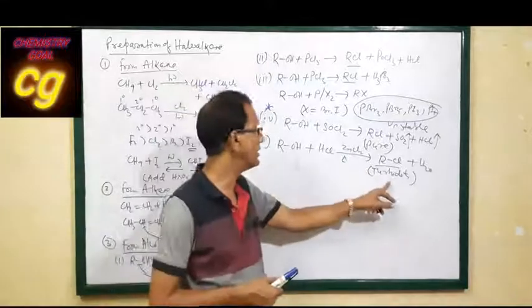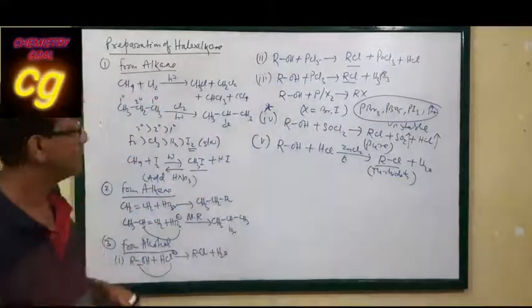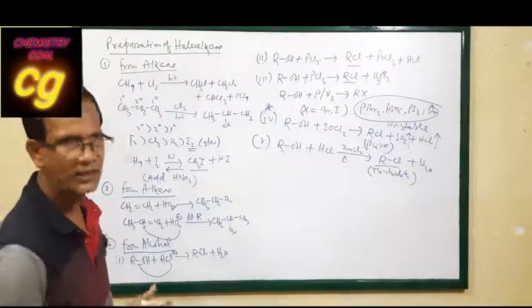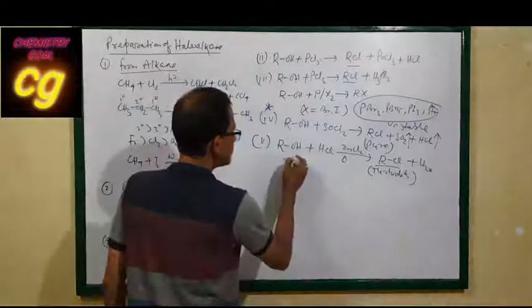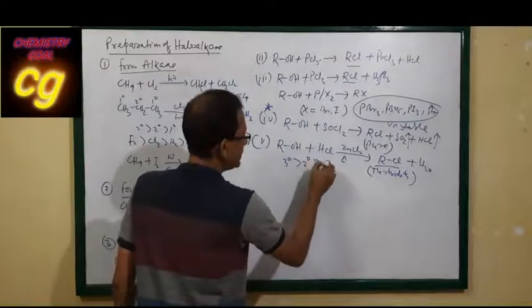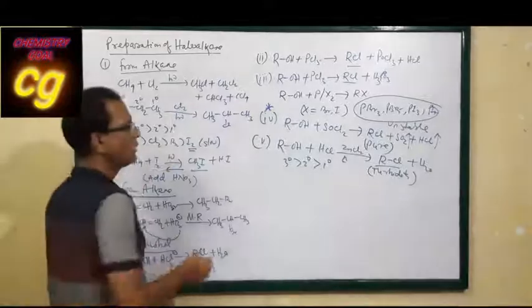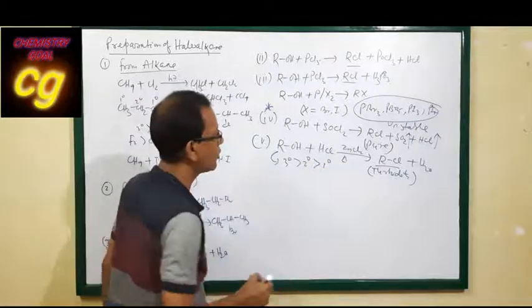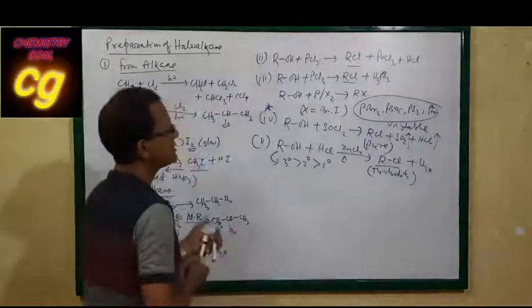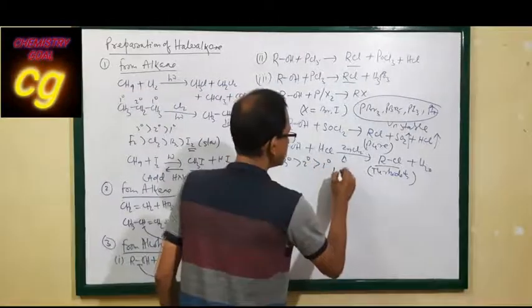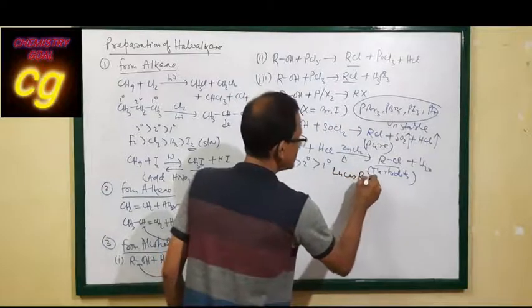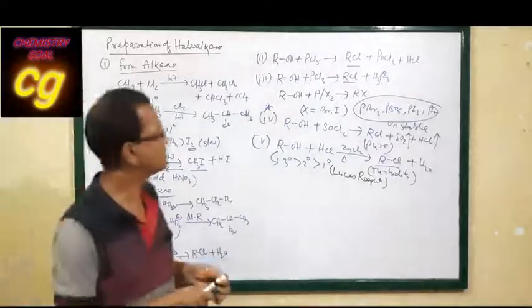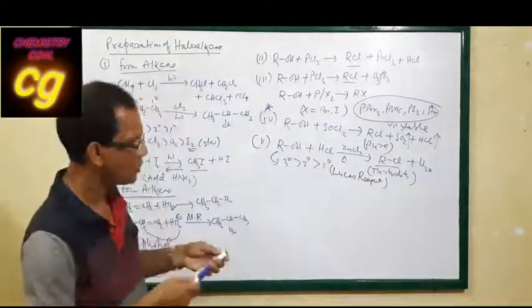That is called turbidity. But what is the order of reactivity? Alcohol is of three types: primary, secondary, tertiary. The reactivity order is tertiary greater than secondary greater than primary alcohol. Tertiary alcohol is more reactive towards Lucas reagent. What is Lucas reagent? Lucas reagent is concentrated HCl and ZnCl2 in 1:1 composition.